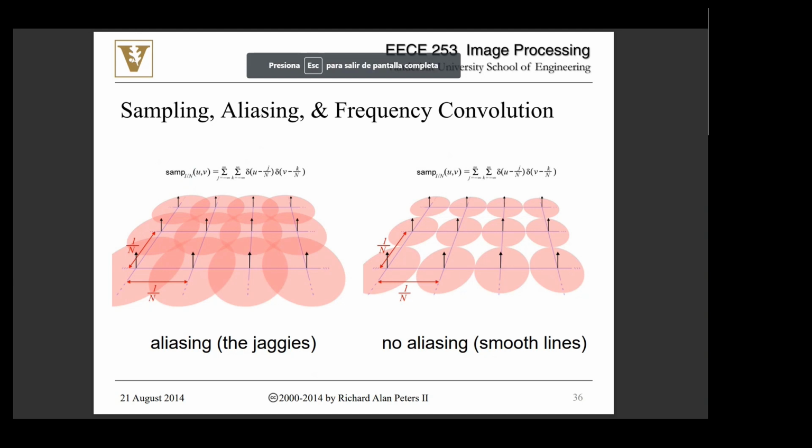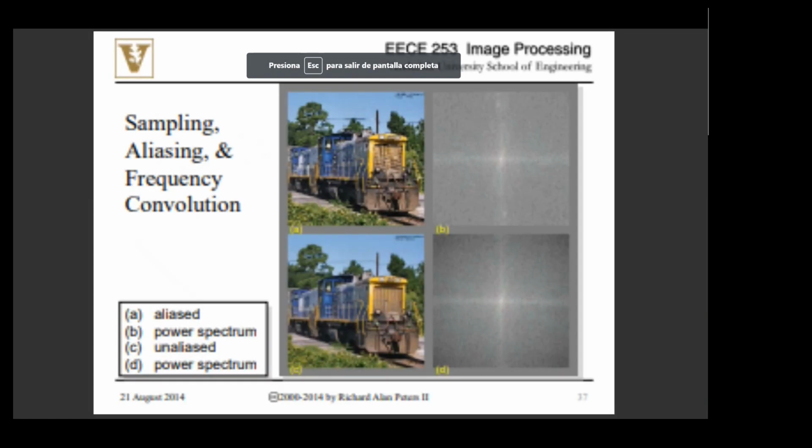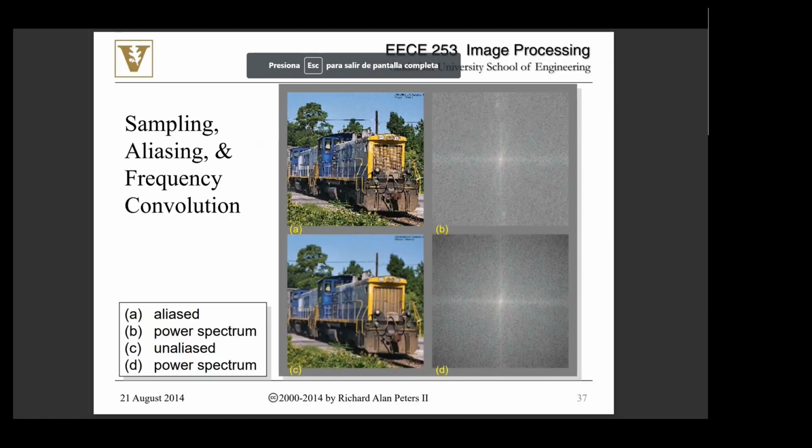So the spectra would not overlap, and we will explore all this again. So it is not something that you have to understand just now. That's simply the concept, the same concept of aliasing that you already have. It will happen also with images.